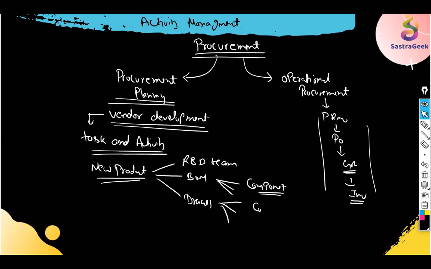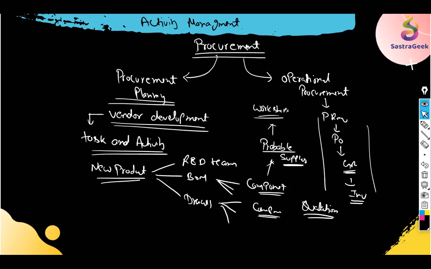For those new components, they identify who can be the probable suppliers to supply them, then generate workshops with them to inform them what new product has been introduced and what our expectation is, and then work on those suppliers and get quotations from them.